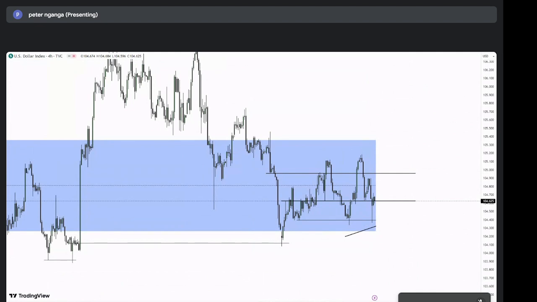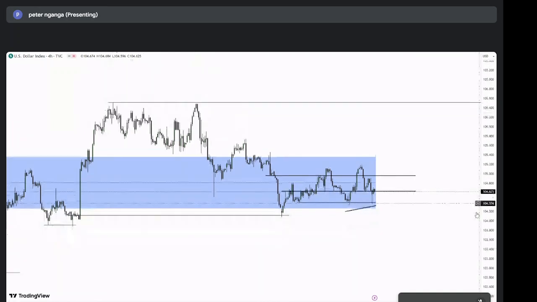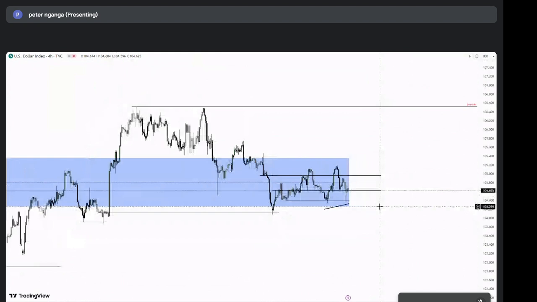So you can share your screen. Okay, thank you Peter. It's very good actually. Now I don't know why I didn't even start by sharing the DXY first and the Forex calendar. Those are the first things that I look at before I open my TradingView.